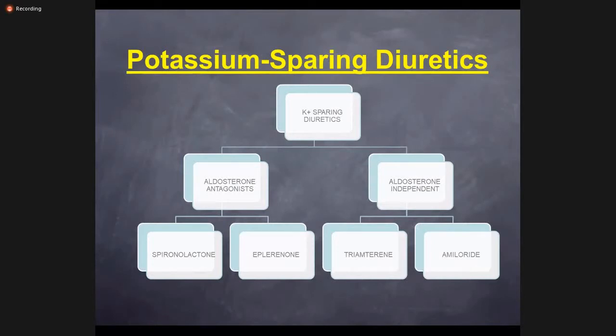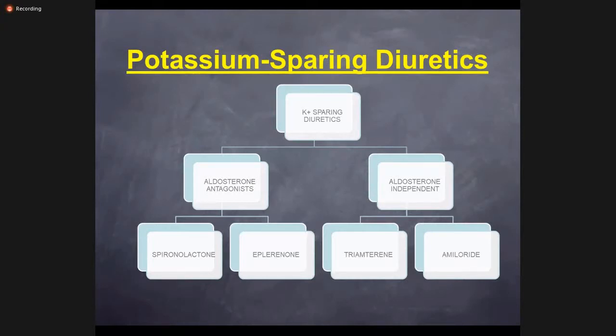So now the third important group, potassium sparing diuretic. As already we have discussed the different segments of the nephron, proximal convoluted tubule, descending loop of Henle, ascending loop of Henle, and especially thick ascending segment of loop of Henle, then distal convoluted tubule, then collecting ducts. So this potassium sparing diuretic, what is the site of action?